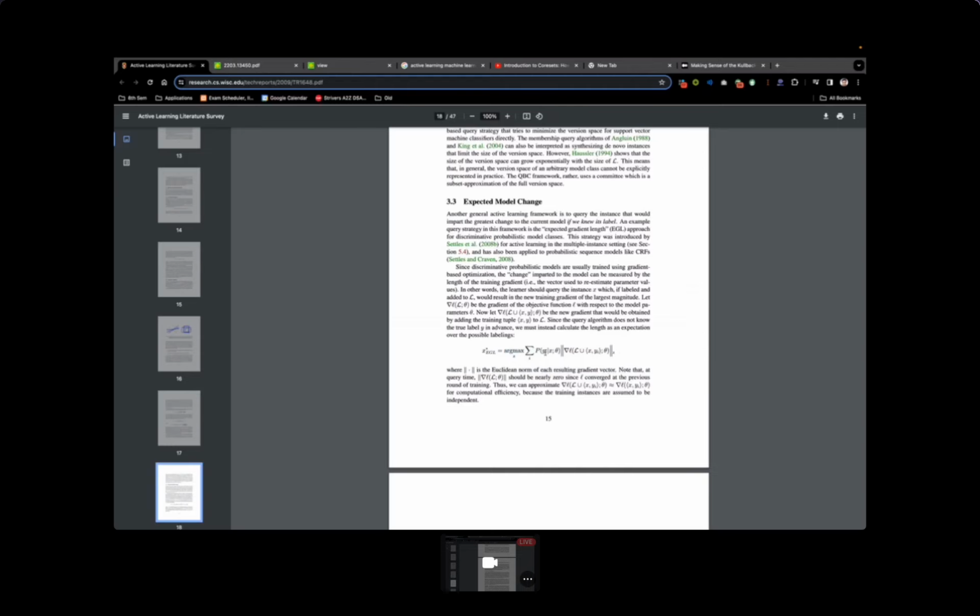So this is gradient, this is loss, and this means labeled sample. What you do is add the data point with the label to the labeled set along with model parameters, compute the loss for this combination, and then compute a gradient.